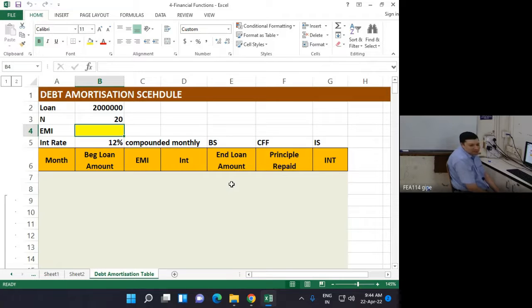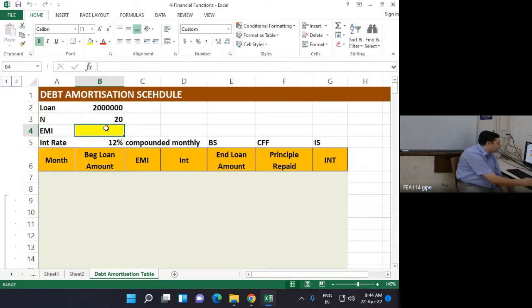Do whatever, can you find and tell me what is the EMI? You can use whatever you want, but I think last class we did a function which easily helps us get to that. If you have forgotten, go to the first page and tell me the number in the yellow cell. Correct, 22,022 is correct. Good.